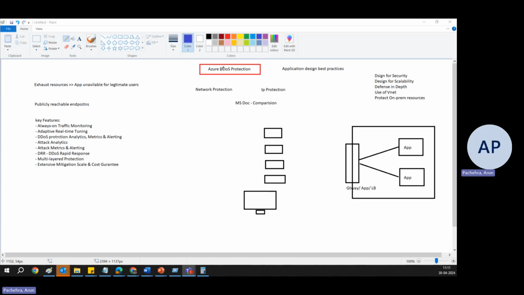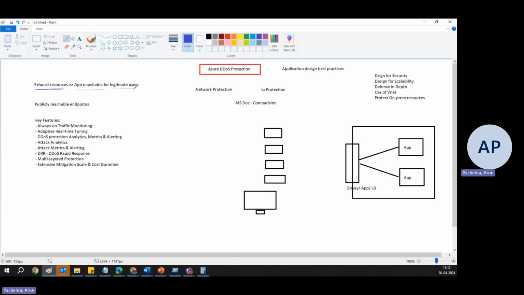What is DDoS? DDoS is a kind of attack which attempts to exhaust the resources where the applications are running. It sends so many requests that the resources where the application is running get exhausted, and the application becomes unavailable for legitimate users.